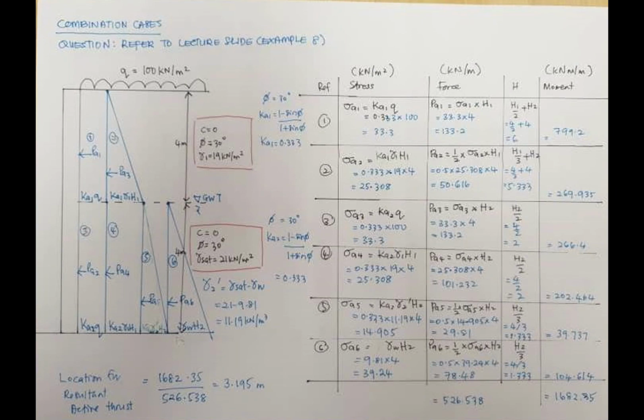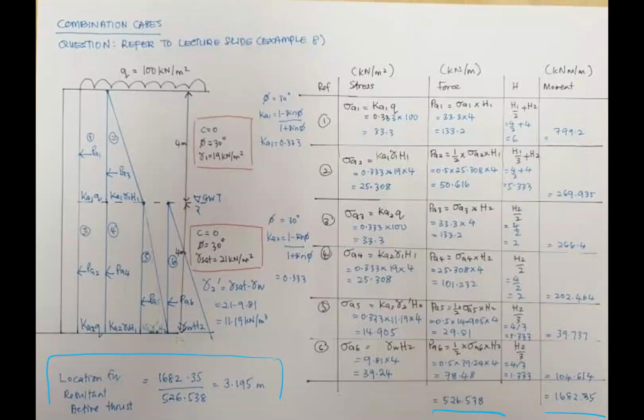So for this one, of course, I hope that all of you will redo example 8. From the drawing, you calculate for each of the areas, the reference area, the same thing, you calculate accordingly, and then find the value for the total force, and then find the value for the total moment, because we want to know the location of the resultant active thrust for this particular case.